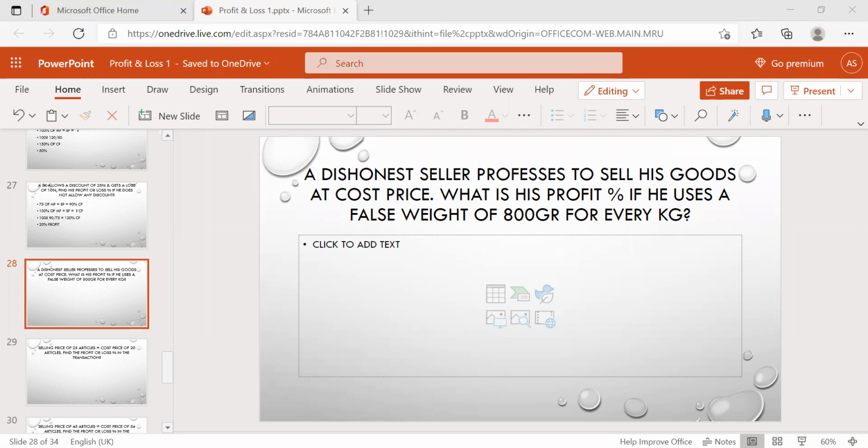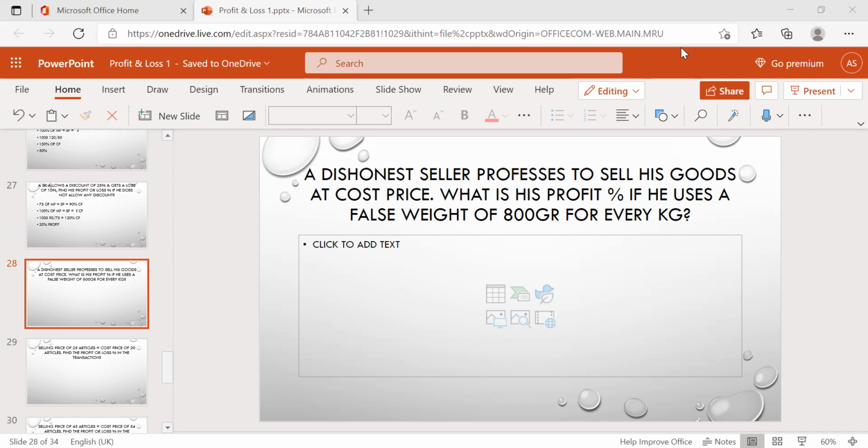Generally, he said he will sell the goods at cost price only. Cost price means whatever price he used to purchase the goods, right?